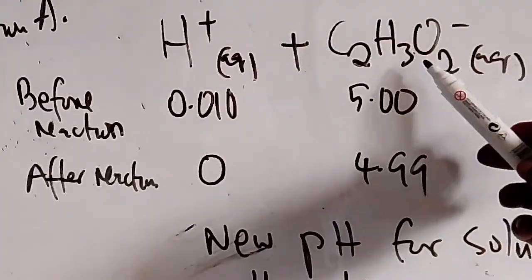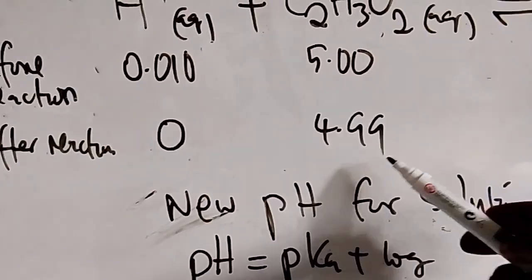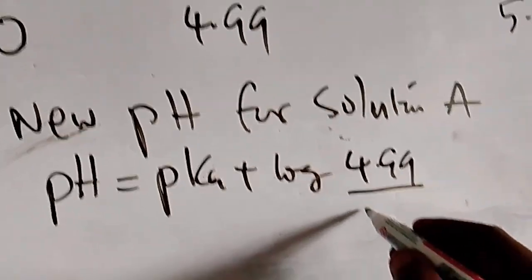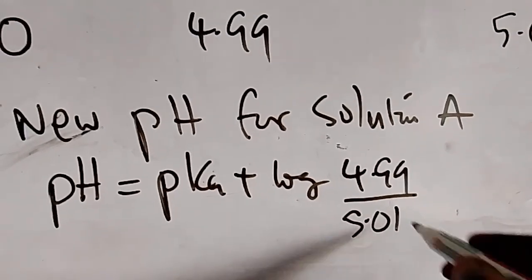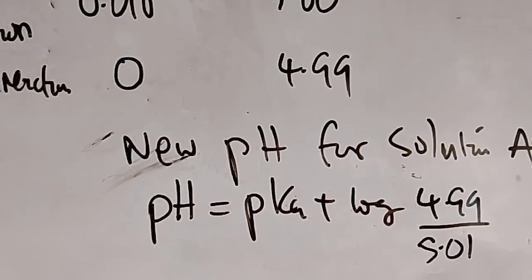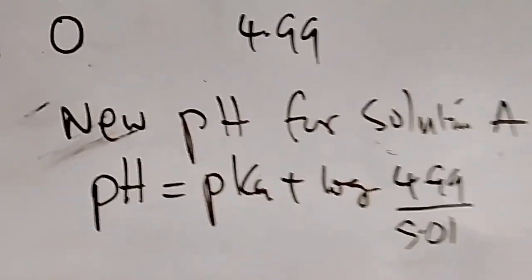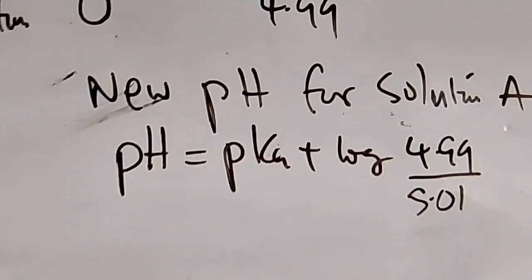This is our conjugate base, with concentration 4.99, over the concentration of the acid, 5.01. We divide that number and find the log.